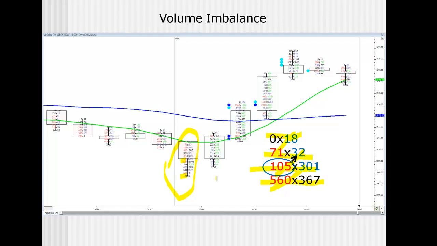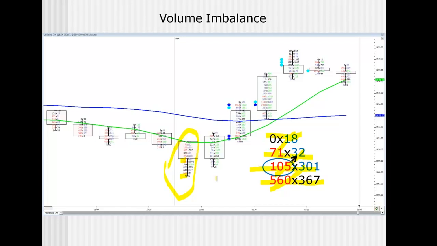The only difference between those two numbers, basically, if you subtract 48 from 51, you get 3. And 3 is a very small percentage out of 48. If we did the math, it would come up to about 6%. So there is no imbalance there, and that's why you see both of them have a black color.